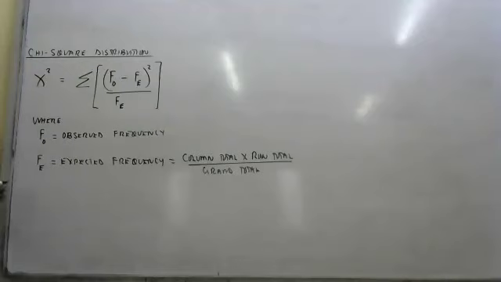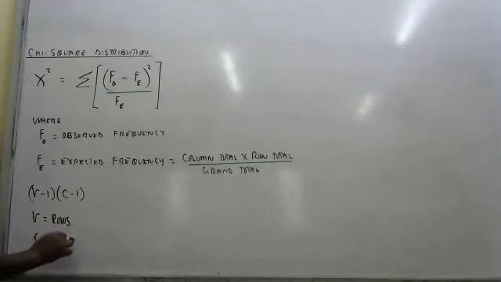Then you write that the degrees of freedom are computed as R minus 1 multiplied by C minus 1, where R is the number of rows and C is the number of columns.